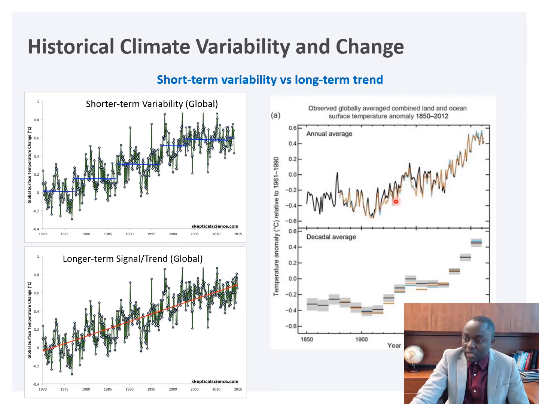What does this mean? This implies that to pick up a clear climate change signal, observed historical climate data must be averaged over a relatively long period of time in order to be used in the climate risk assessment. This is often based on what we call climate normals.